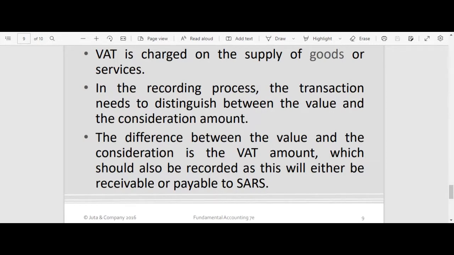Now, right at the beginning of the class, I mentioned that normally your output tax will exceed your input tax, because if it doesn't, then you are running at a loss. But do you think there are circumstances where your input tax will exceed your output tax? There are two scenarios that I can think about immediately. Does anyone want to mention maybe one or two?